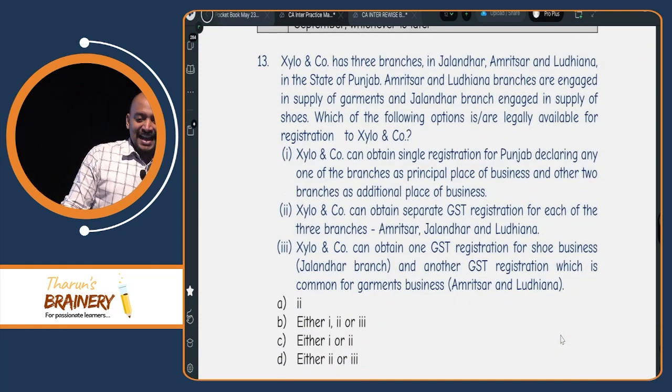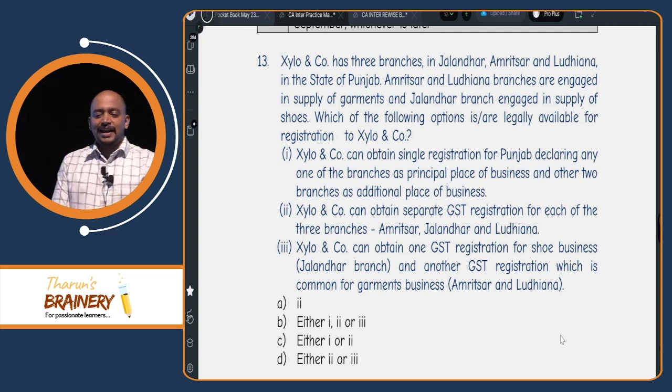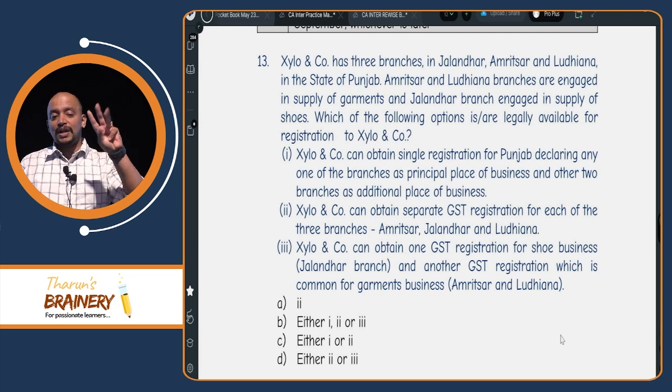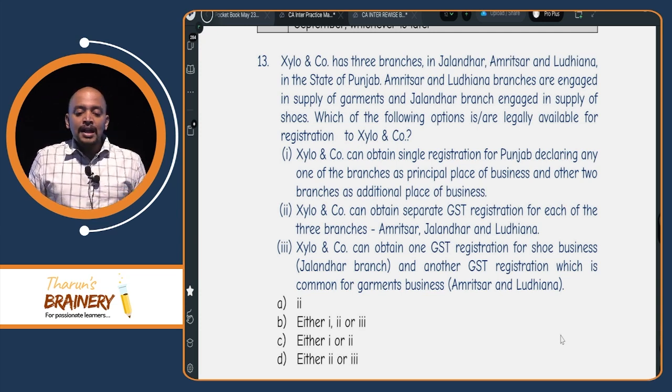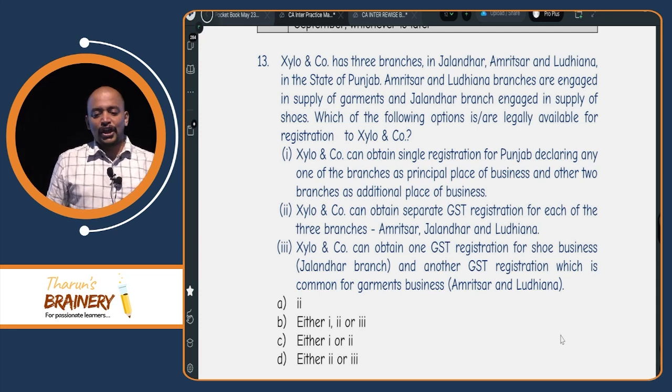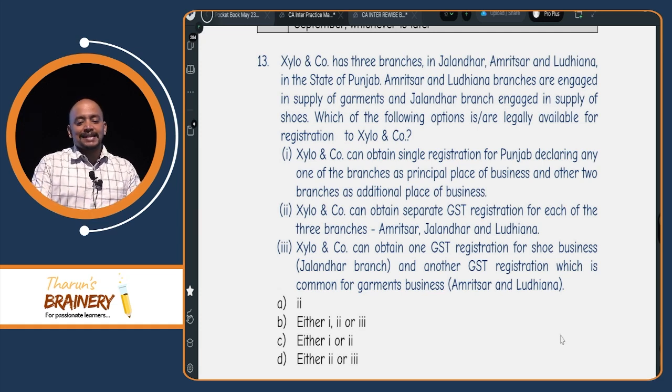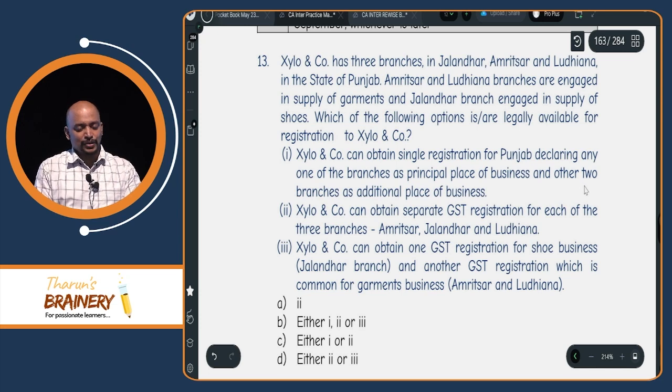Xylo and Company has 3 branches in Jalandhar, Amritsar and Ludhiana in the state of Punjab. Amritsar and Ludhiana branches are engaged in supply of garments, and the Jalandhar branch is engaged in supply of shoes. Which of the following options is or are legally available for registration to Xylo and Company? They can obtain a single registration for Punjab, declaring any one place as principal and the other 2 as additional.